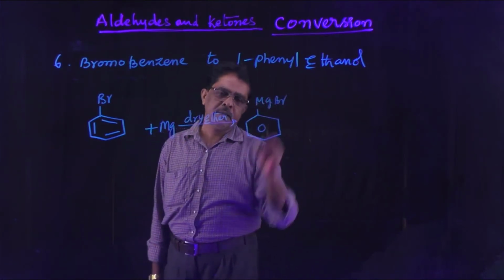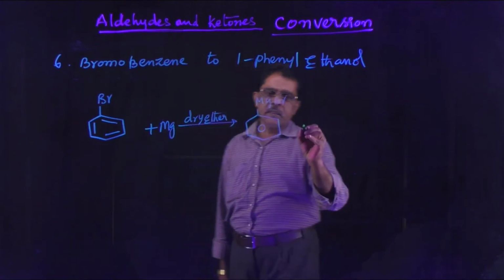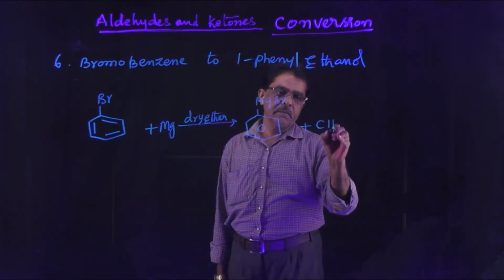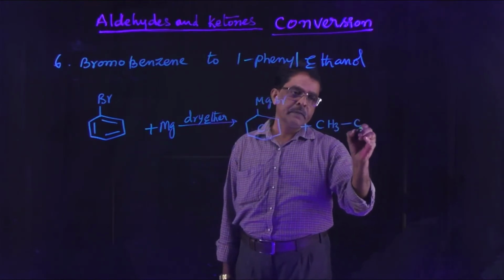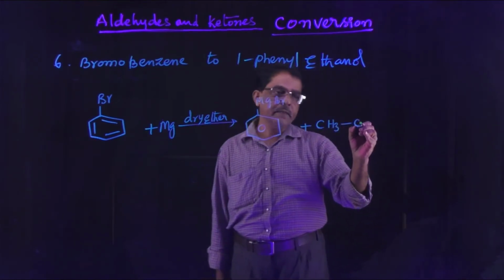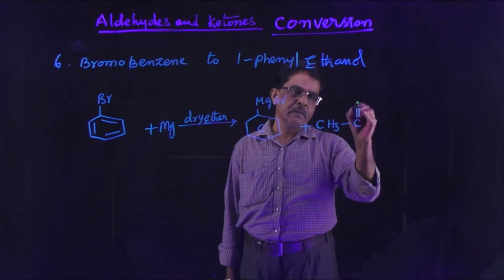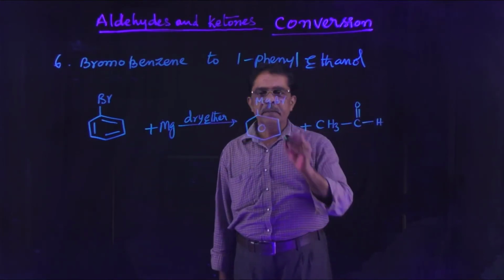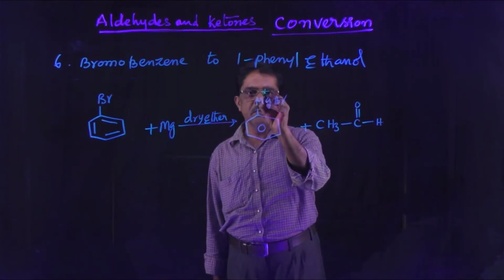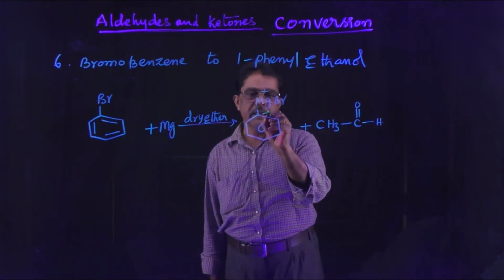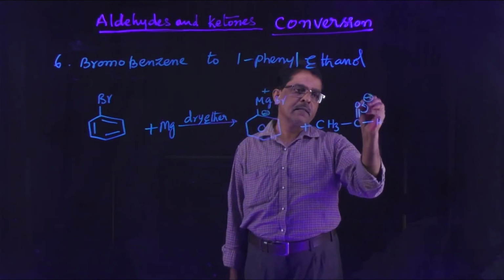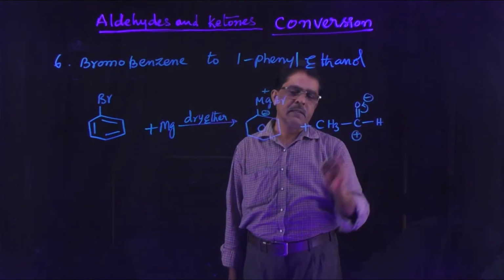PhMgBr, right? So this Grignard reagent reacts with acetaldehyde, right? Then what will happen here? This one is the plus, this one is the minus, right? Here this electron goes to here, minus charge, this one is the plus charge.